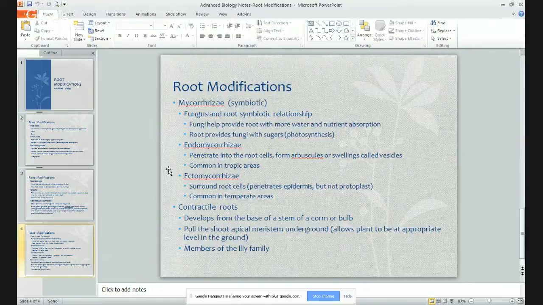All right. The next type of root modification that can grow is a fungus symbiotic relationship. Specifically, they're called the mycorrhizae. So again, both parties gain.